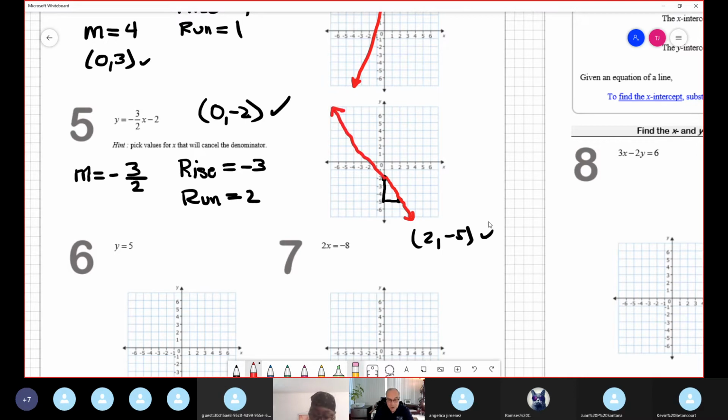This arrow doesn't indicate direction; it indicates that this line is infinite in both directions because it's a line, no? The line is the geometric object that's infinite in both directions. So you see in what direction it's going: down, because the slope is negative. When the slope is negative, the line is decreasing, so it's going down.